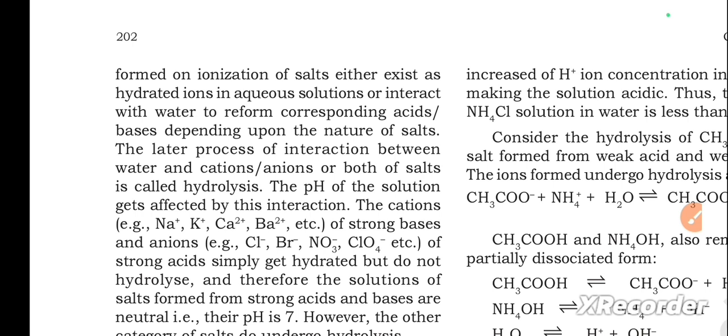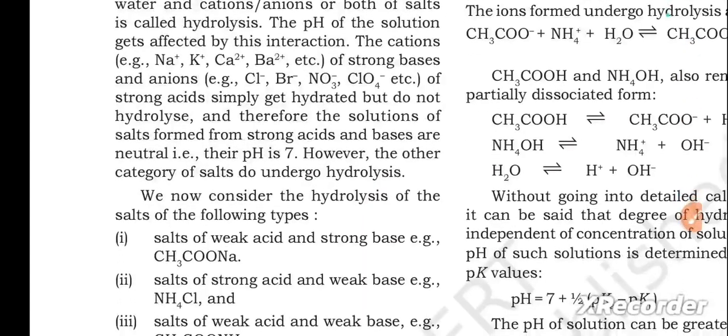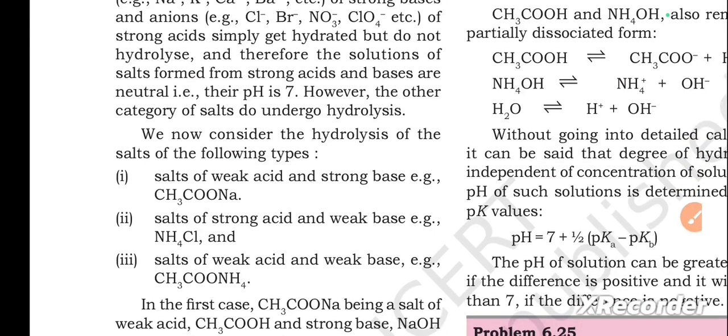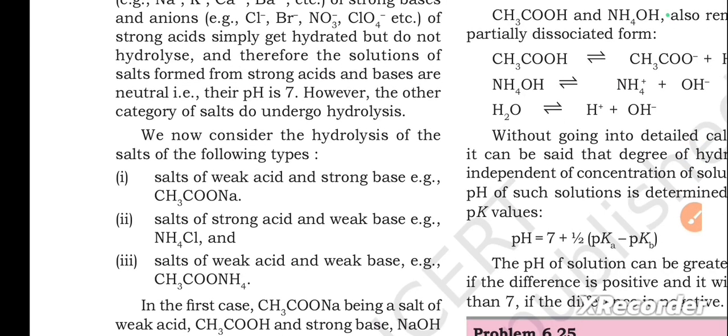The cations of strong bases and anions of strong acids simply get hydrated but do not hydrolyze, and therefore the solutions of salts formed from strong acids and bases are neutral, that is, their pH is 7. However, the other category of salts do undergo hydrolysis. We now consider the hydrolysis of the salts of the following types.